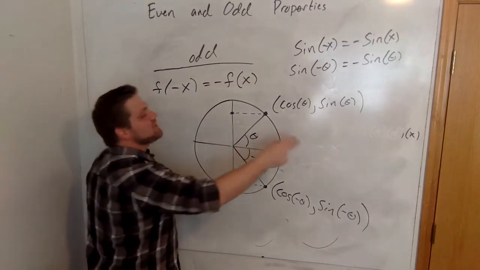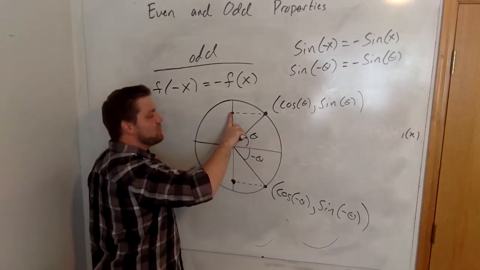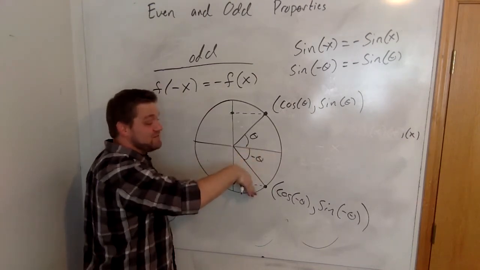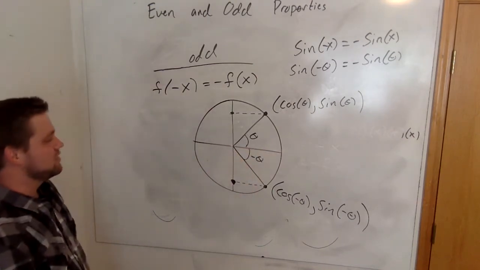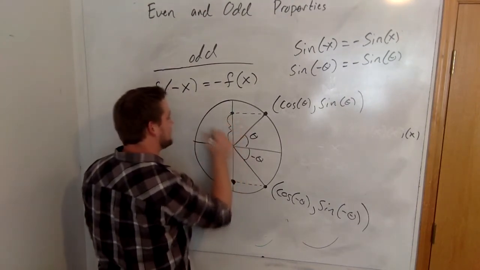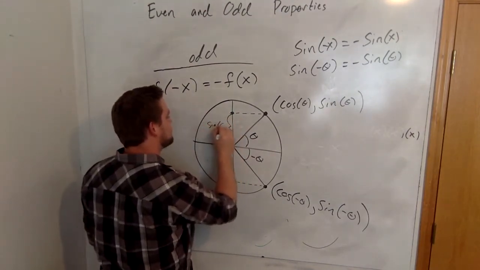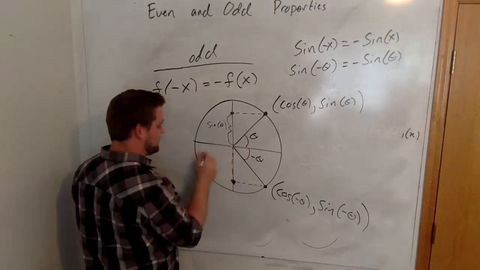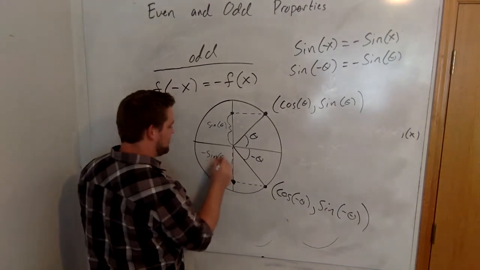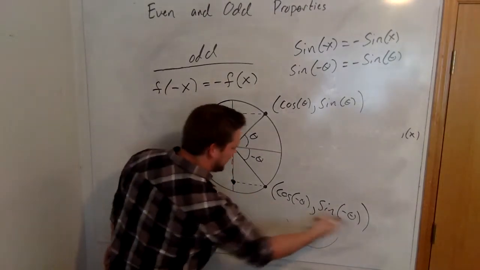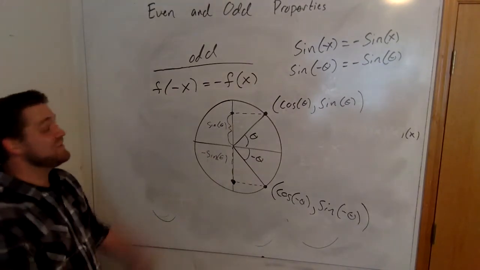So sine of theta, if it's positive and I throw a negative on the outside, now I'm right here. But that's the same thing as doing sine of negative theta. So there's a quick argument. This height right here is sine of theta. This right here will be the same thing as negative sine of theta, taking this y-coordinate and making it negative, which is equivalent to the sine of negative theta. So sine is an odd function.